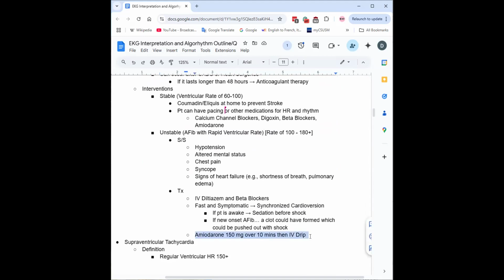Here I also included that you can do an amiodarone drip. When they're sent home, they can take amiodarone PO, but this person can also get it as a drip if they're having that unstable AFib.